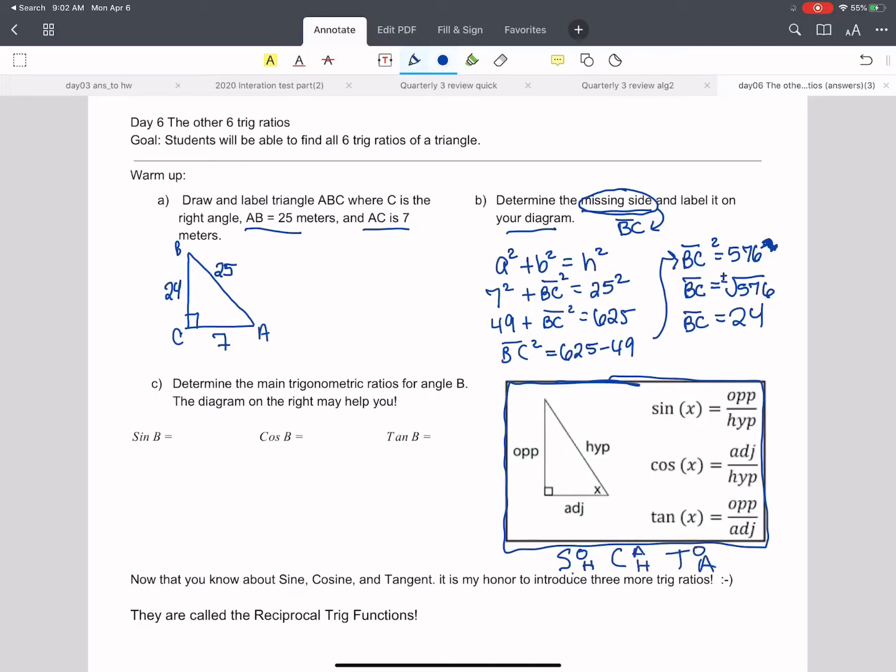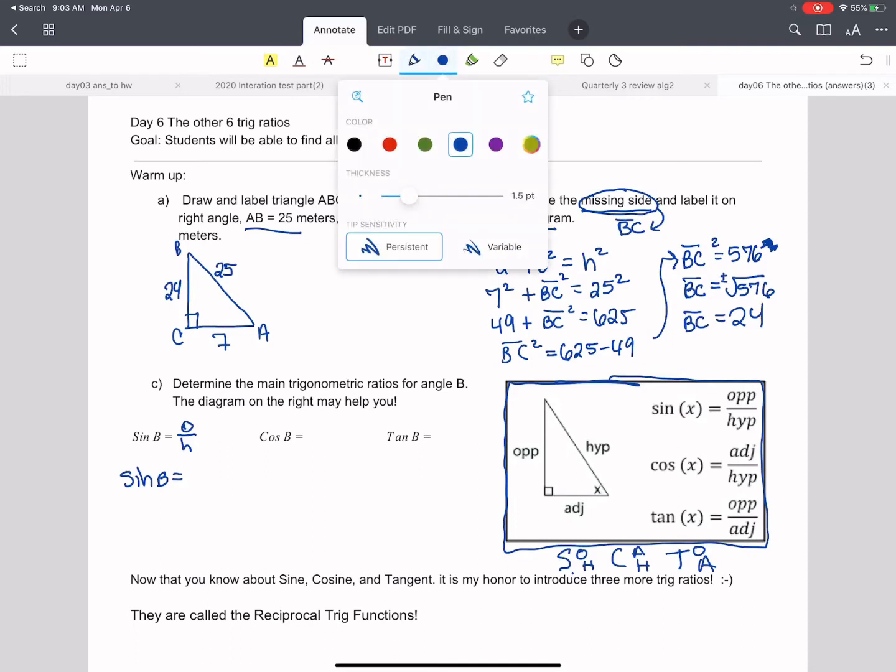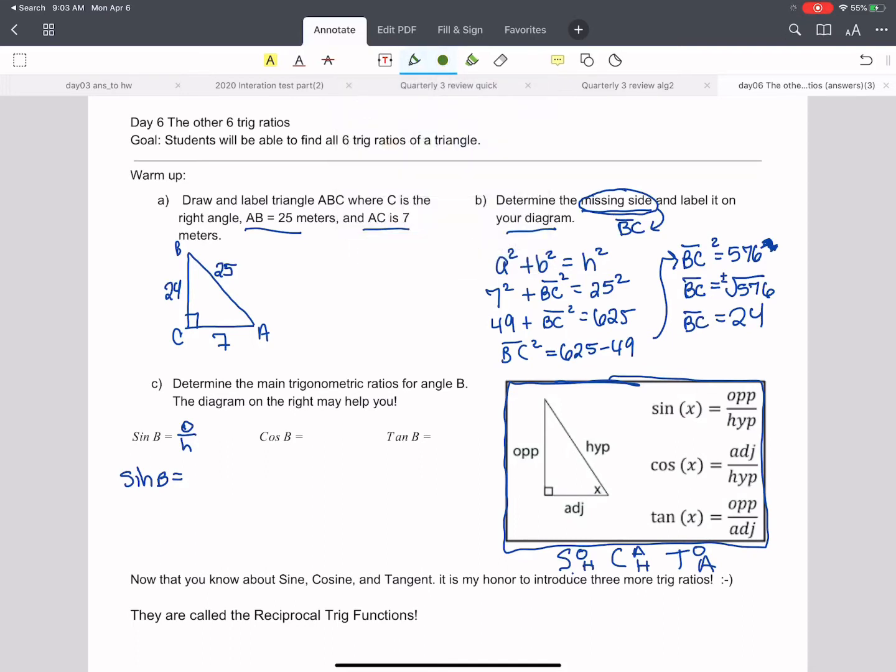Remember that sine and cosine are involved with the hypotenuse, and tangent is not. Okay, so sine of B is opposite over hypotenuse. So you're going to go on your picture, and you're going to have to find what is the opposite and what is the hypotenuse.